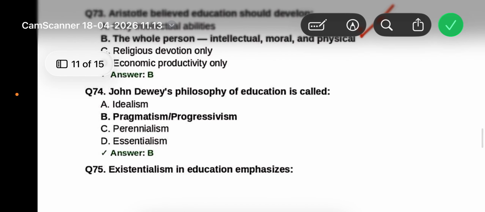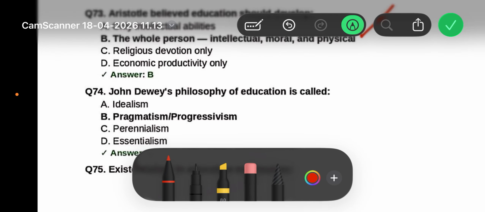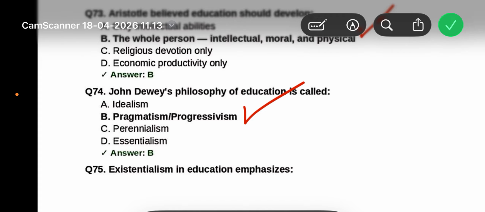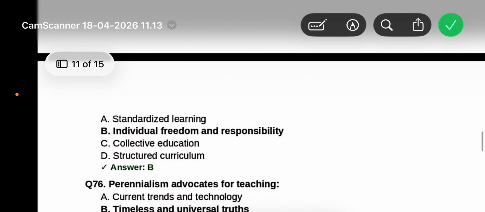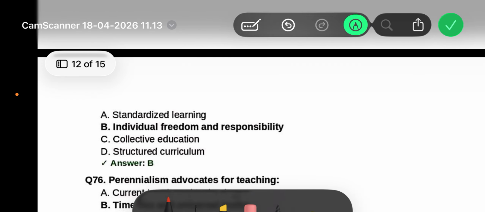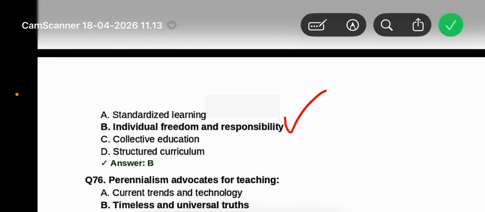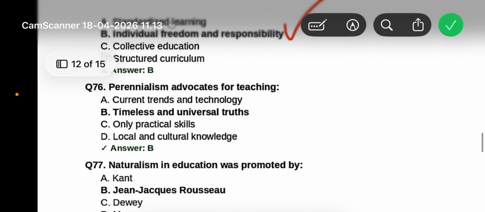Question number 74. John Dewey's philosophy of education is called pragmatism or progressivism. Question number 75. Existentialism in education emphasizes individual freedom and responsibility. Question number 76.